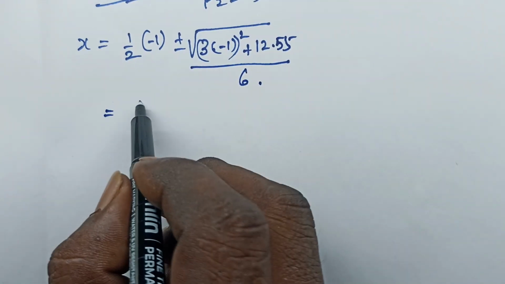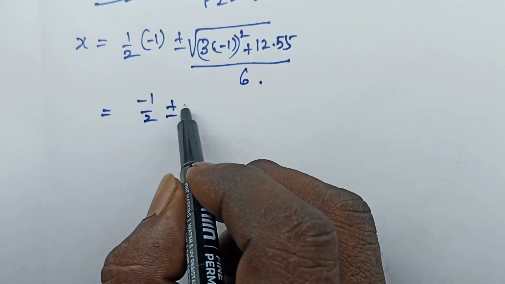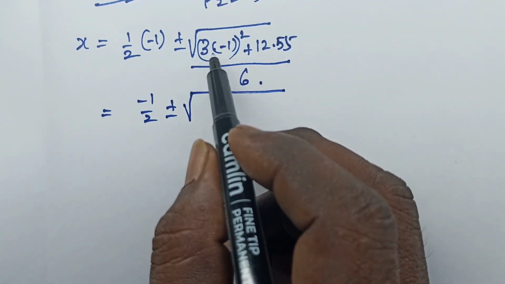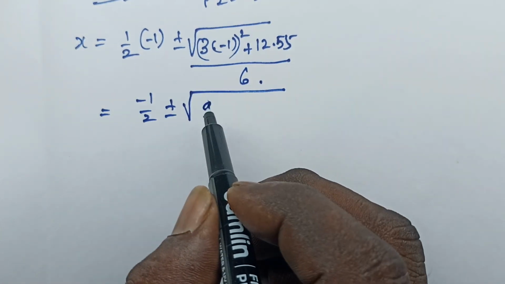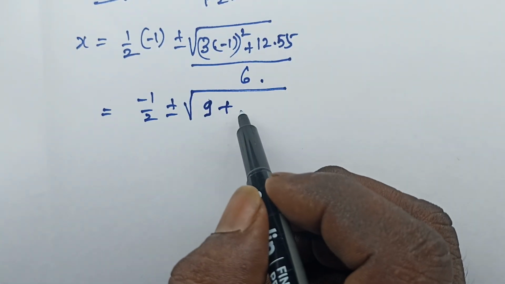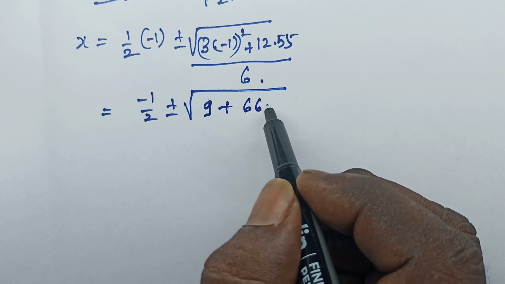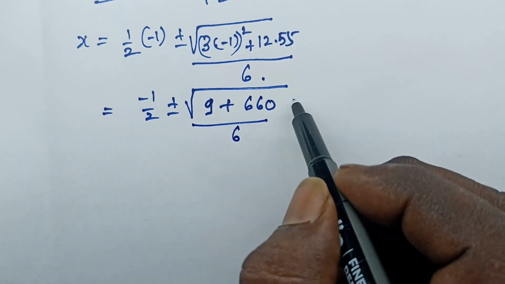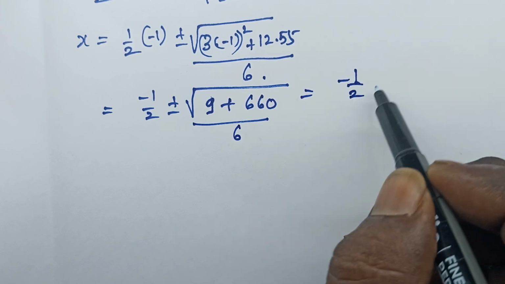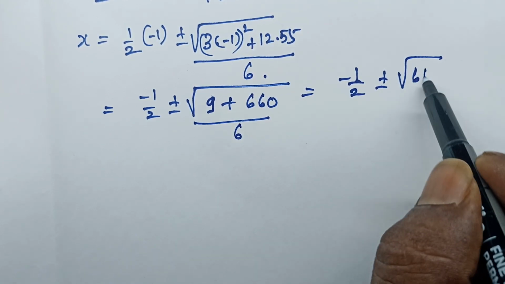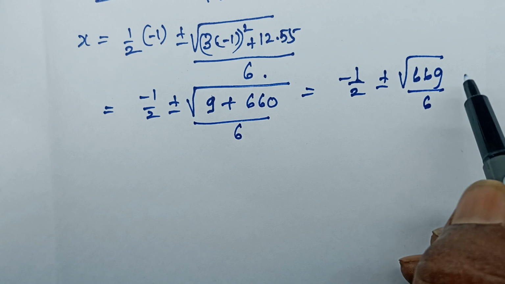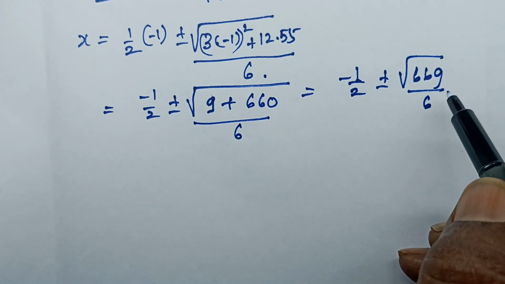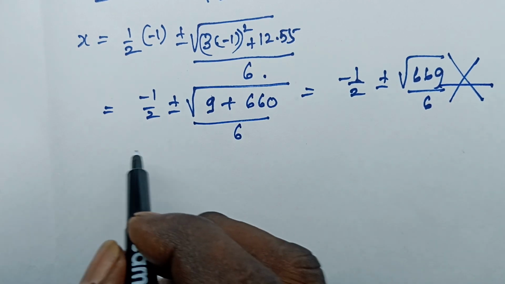Here minus 1 by 2 plus or minus root of 1 into 3 minus 3 whole square 9 plus 12 into 55, 660, by 6, equal to minus 1 by 2 plus or minus root of 669 by 6. Here root of 669 is not a perfect square root, so cancel.